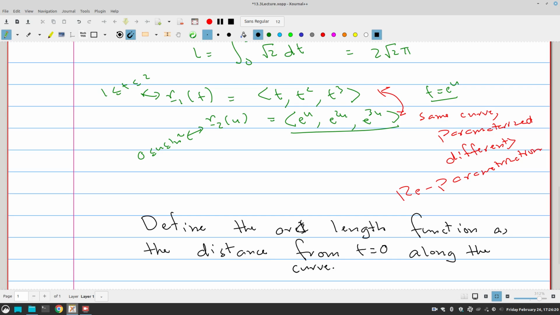Right, so this is important, this way, along the curve. So what does this tell me?